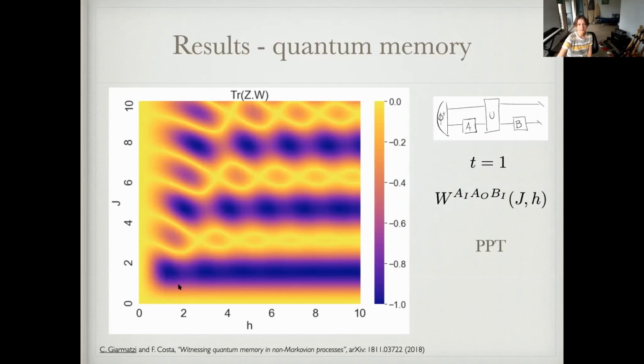So every pixel is a process matrix with a particular J and H. And then through the PPT criterion, we found the minimum value of this. And whenever this minimum value is negative, then the process has a quantum memory. So in every other case other than the yellow parts, the process had a quantum memory for that J and for that H, and for T equals 1.